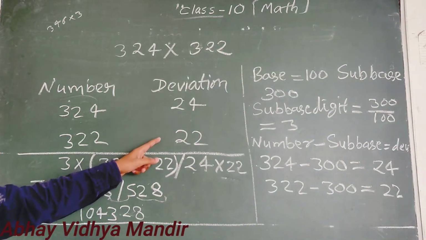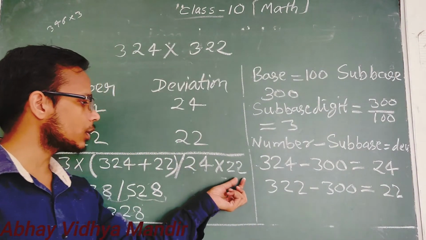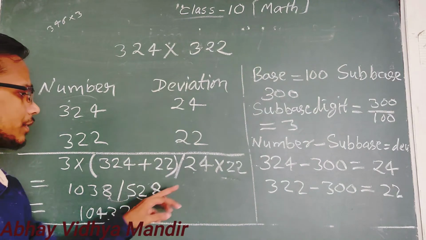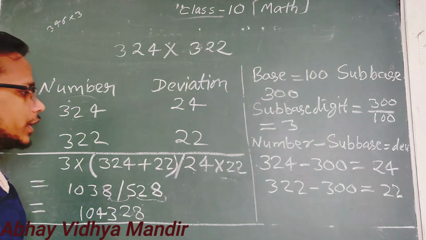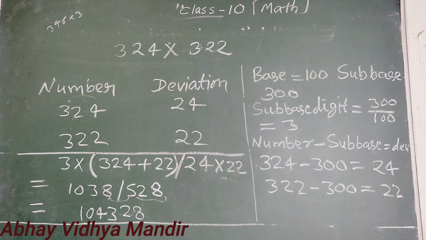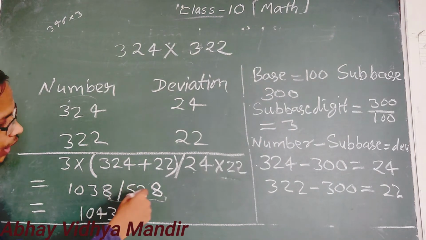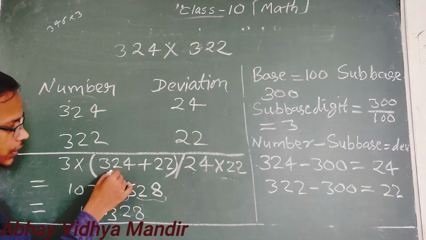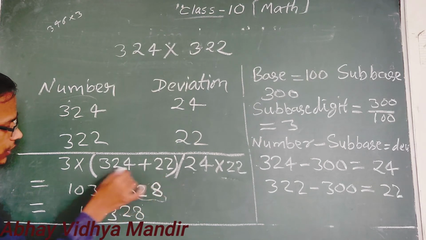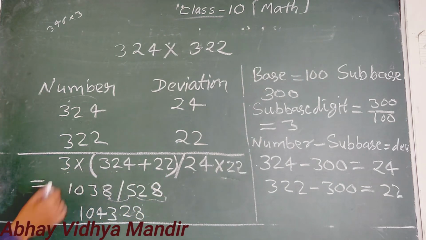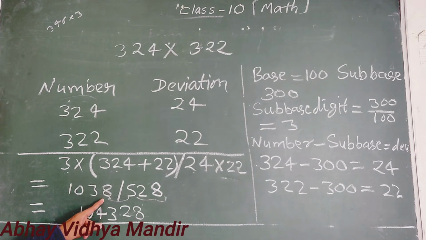So 24 multiplied with 22, the answer is 528. And in this, add this 346. 346 multiplied with 3, the answer is 1038.